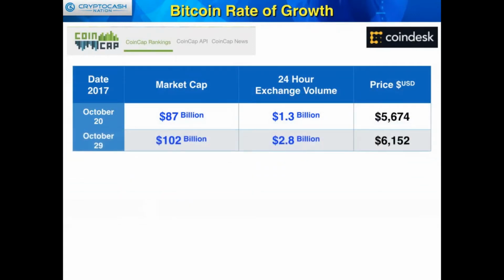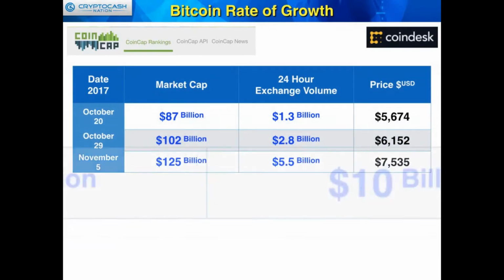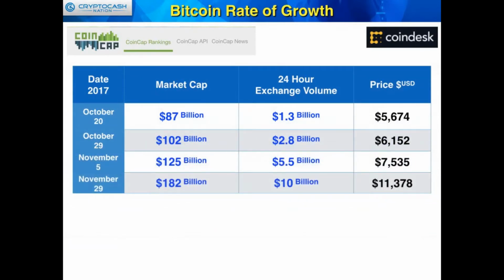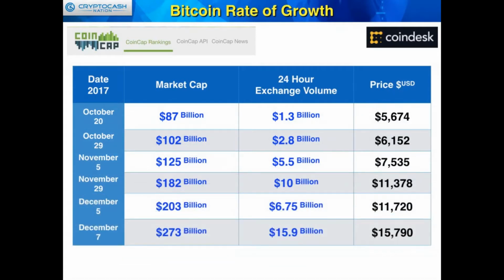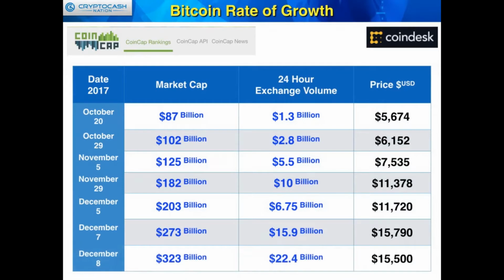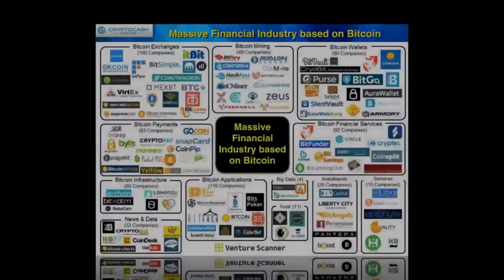Then we have 9 days later, a week later, and a few more days later by the end of the month, and then a week later, and then a month later. And look at this, it was up to a third of $1 trillion already as the market capitalization for Bitcoin. And boom, look at the exchange rate and the price. I mean, that's pretty exciting stuff if you're in the market playing the game. And that's what these big boys were doing, playing the game.